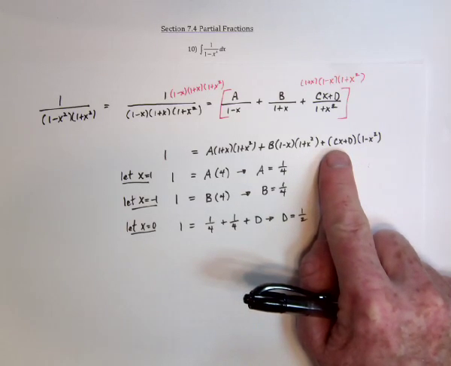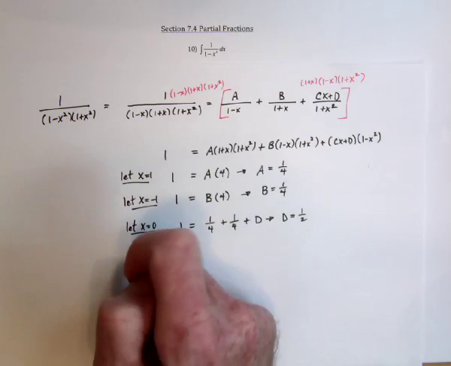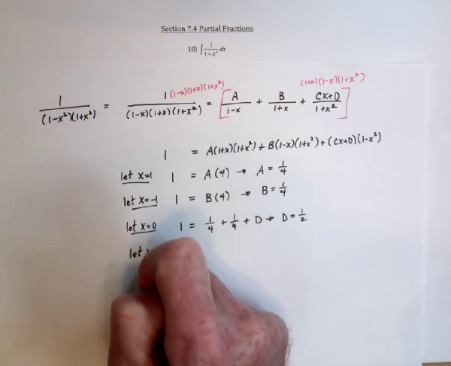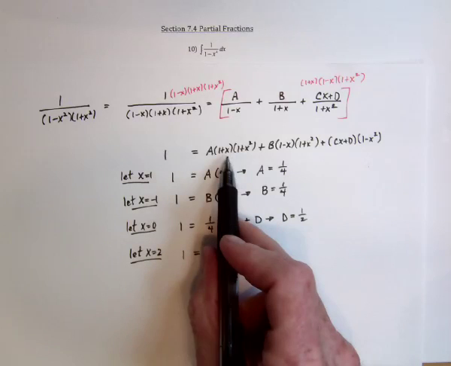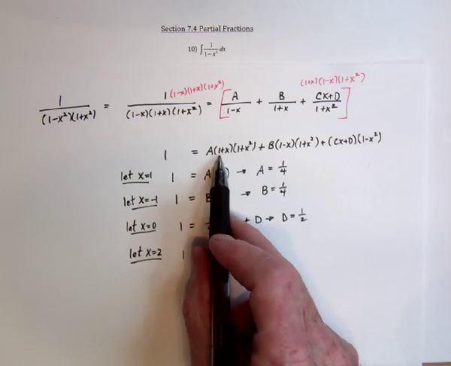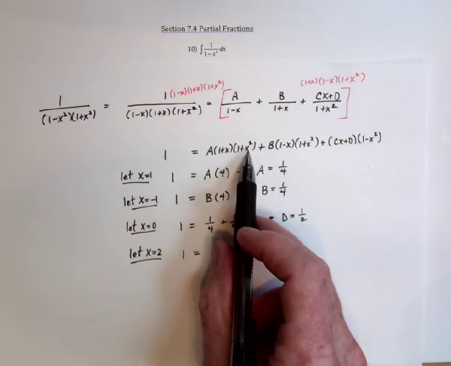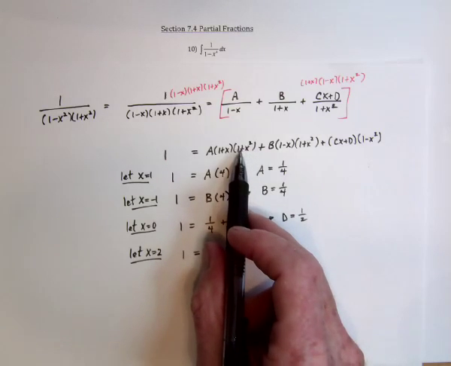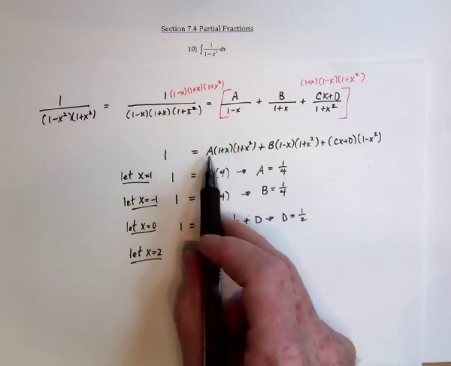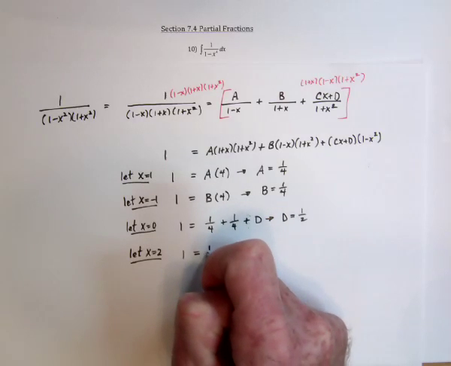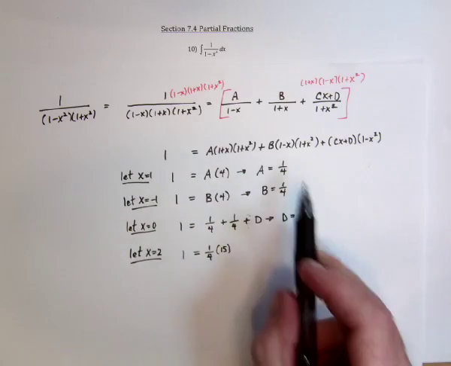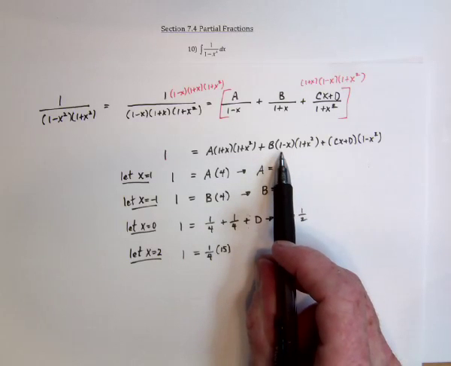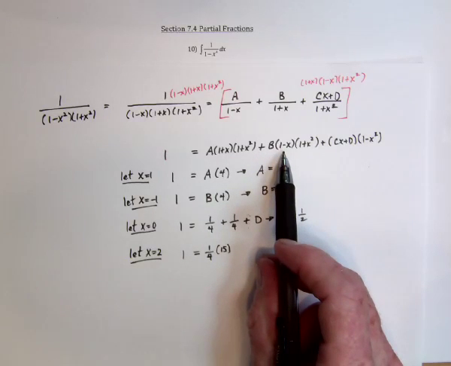So let's just try x equals 2. If x is 2, we've got a 3. This would be 4 plus 1, which is 5. So we've got 3 times 5 times 1/4. Over here, if x is 2, this is going to be 1 minus 2, so that's -1.